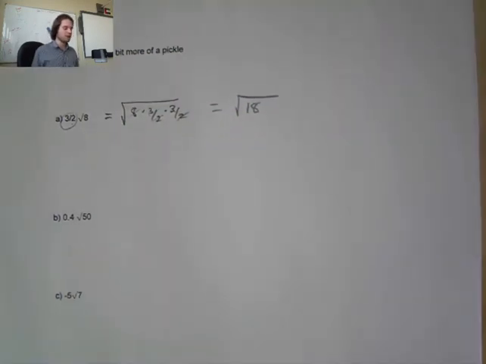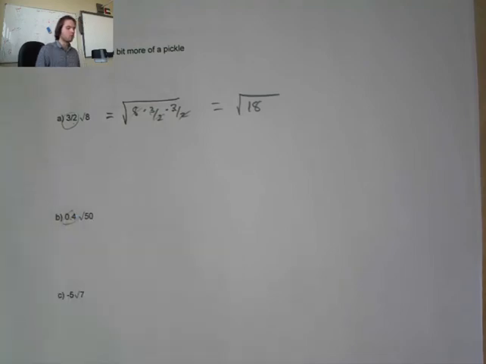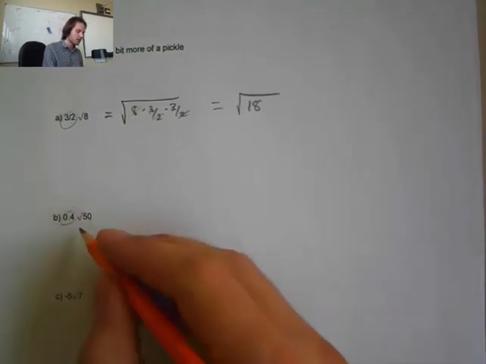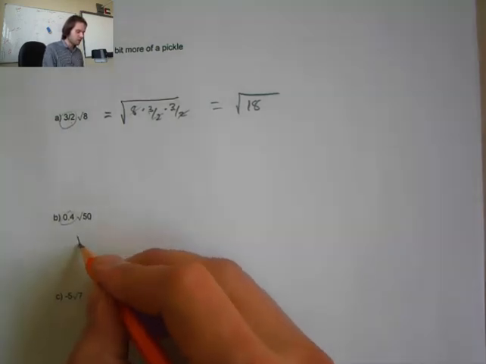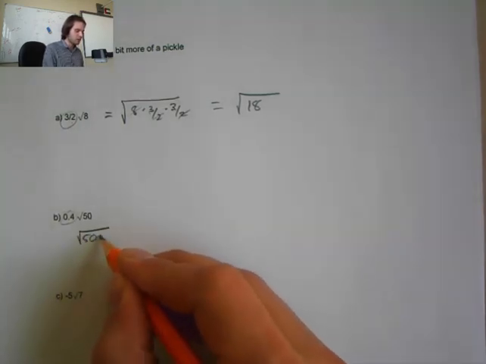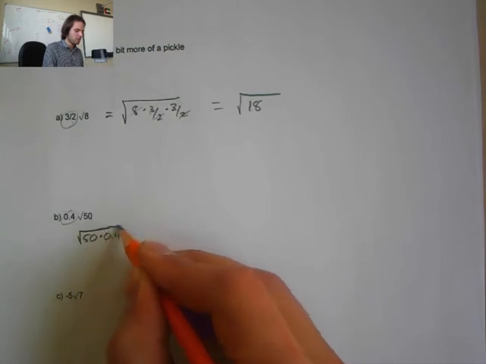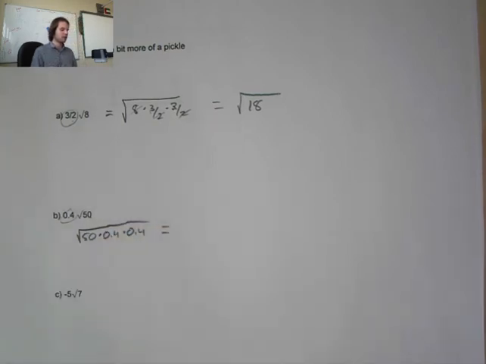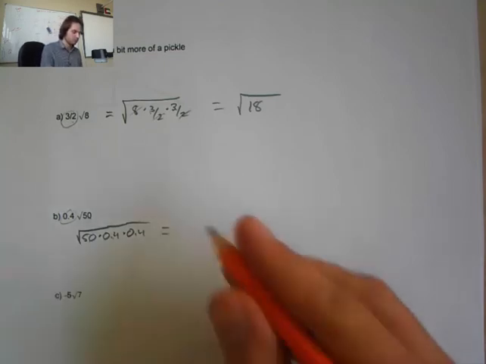Let's take a look at my next one here. We want 0.4, and we're putting that in 2 times. This is a decimal. Oh, decimals are tricky. So we have to go square root 50 multiplied by 0.4 multiplied by 0.4, which will end up giving me, well, 50 multiplied by 0.4 is going to be 20.